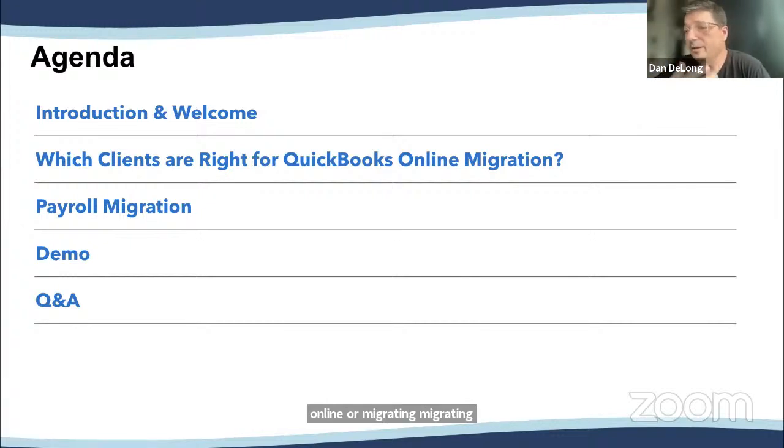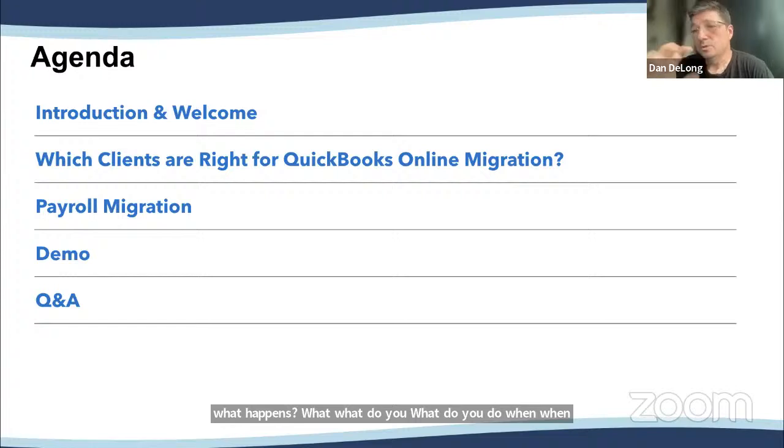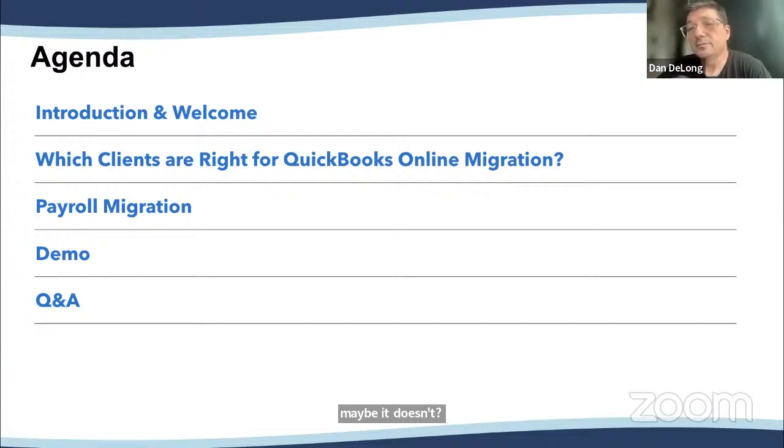We'll talk about payroll migration, which Blaze is super in depth with, and really wants to make sure that things come over properly. And we'll talk about what you do when maybe it doesn't. We'll do a demonstration in between those two things, and then we'll of course take Q&A as well.